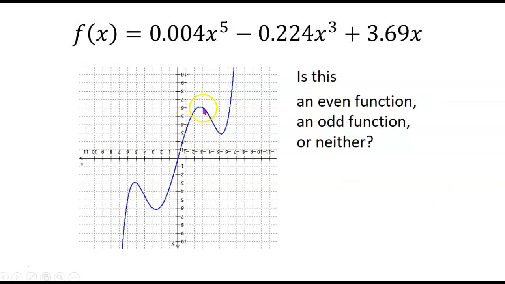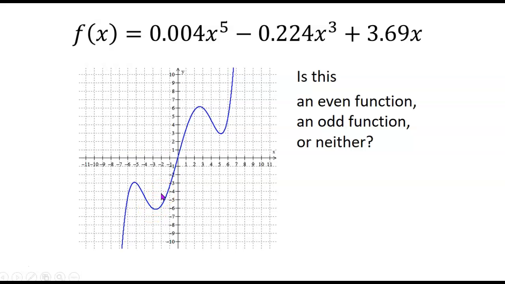So every point up here in quadrant 1 with a positive x and a positive y is going to have a matching point down here with a negative x and a negative y. So if we've got a point like 3, 6, we also have the point negative 3, negative 6.